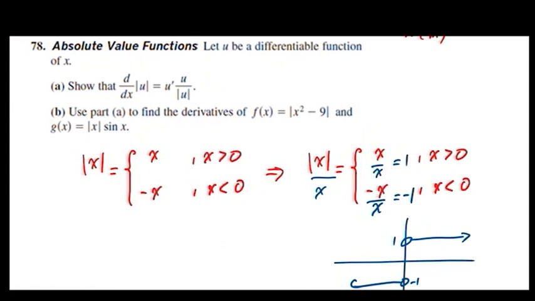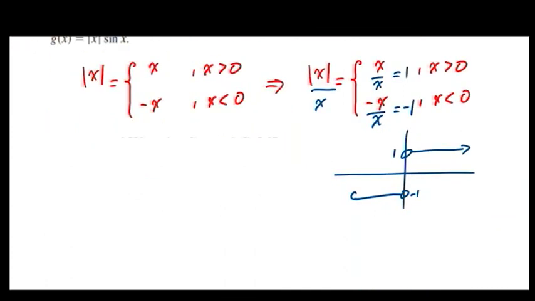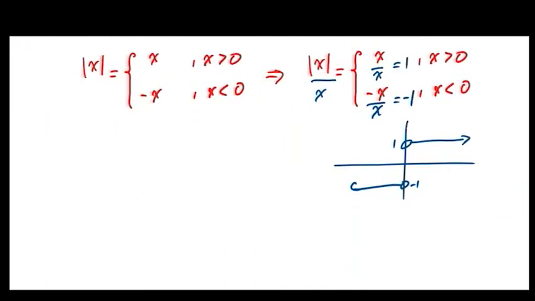So, the derivative of the absolute value of u, where u is some kind of function of x. Let's start doing this. We have the absolute value of u, which is either u or negative u, depending on whether u itself is positive or u itself is negative.